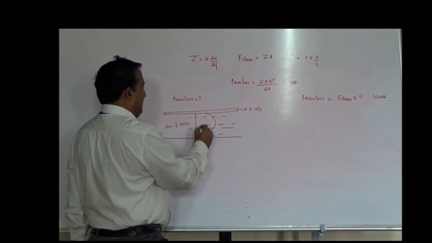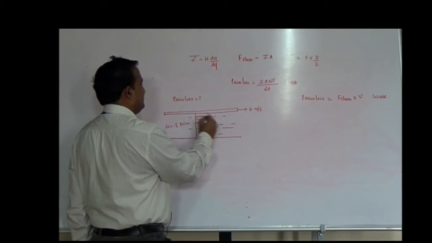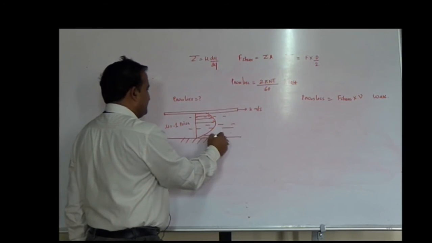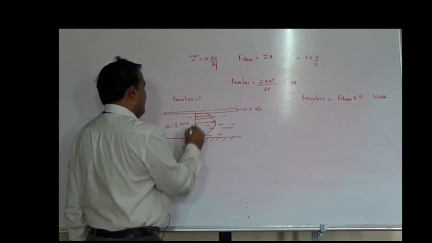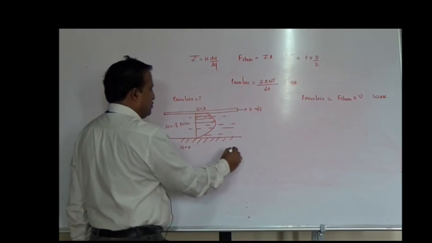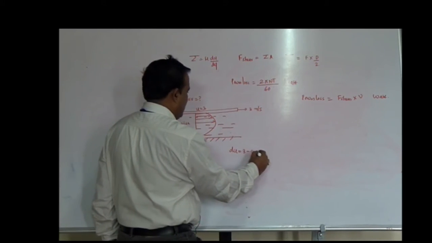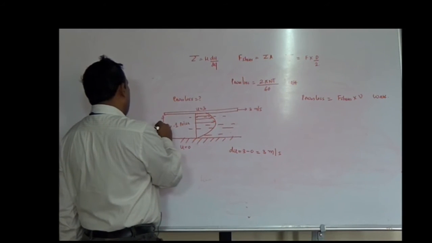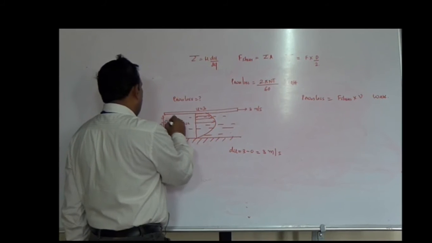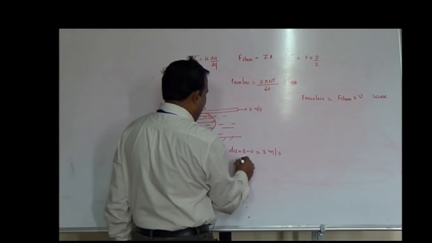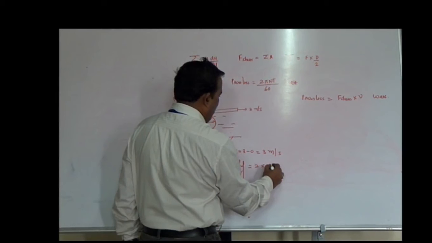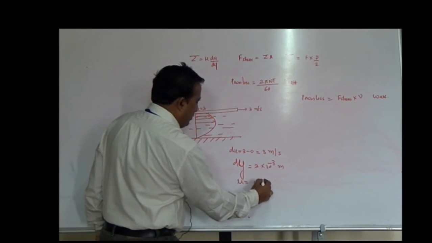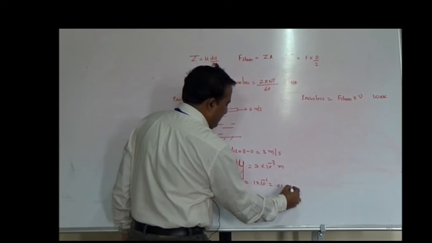The velocity profile is like this, and here this is fixed. Here u equal to 0, and here u equal to 3. So du equals 3 minus 0, that is 3 meter per second, and the thickness is say 2 mm, so dy is equal to 2 into 10 to the power of minus 3 meter. And mu, you know, is 0.1 into 10 to the power of minus 1, that is 0.01 Newton second per meter square.